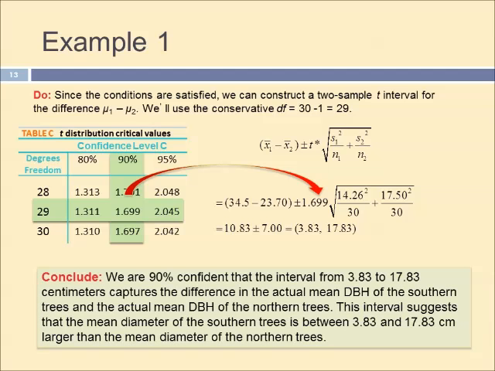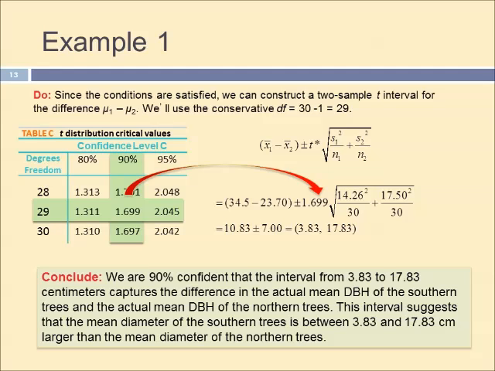So how do we interpret that? Well, as with all confidence intervals, we say we're 90% confident that the interval from 3.83 to 17.83 centimeters captures the difference in the actual mean diameter at breast height of the southern trees and the actual mean DBH of the northern trees. So what does this mean?